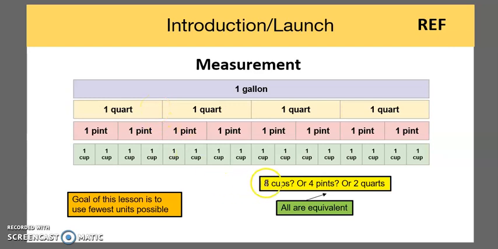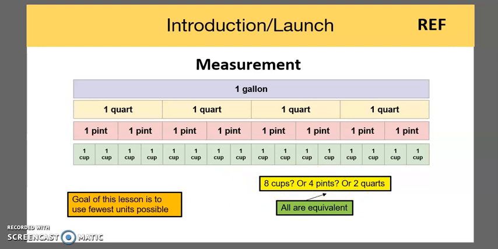For example, 8 cups is the same thing as 4 pints, or 2 quarts. These are all equivalent, but you want to think about looking at the fewest units possible. So here we have 8 individual cups compared to 2 quarts.